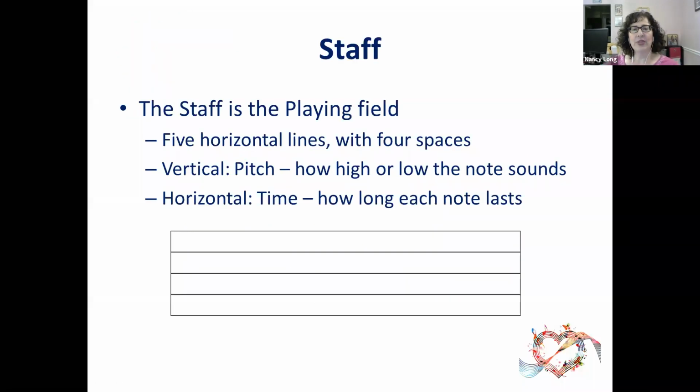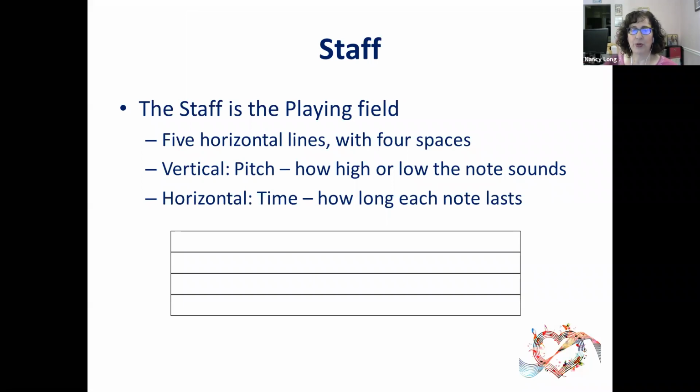There we are. Okay, so the staff is a foundation of everything that we do in Western music theory. It has 5 horizontal lines with the 4 spaces in between them. The vertical helps us to know what pitch we're looking at.